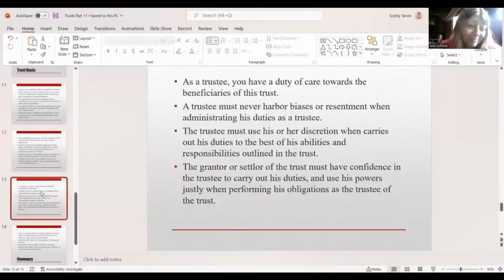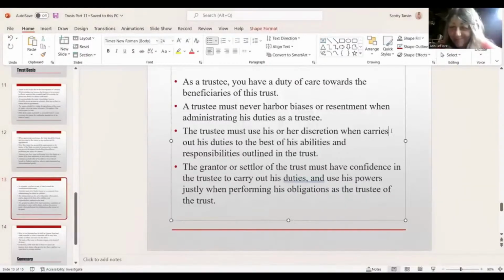As a trustee, you have a duty of care towards the beneficiaries of this trust. A trustee must never harbor biases or resentment when administrating his or her duties as a trustee. The trustee must use his or her discretion when carrying out duties to the best of his or her abilities and responsibilities outlined in the trust.